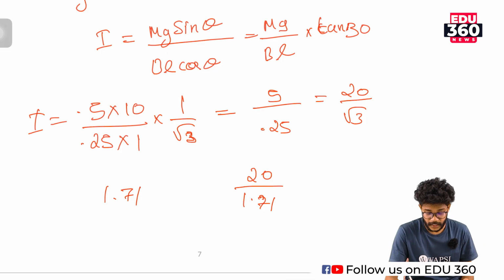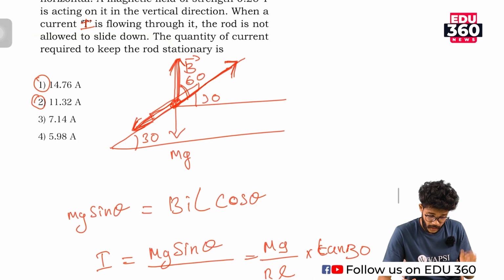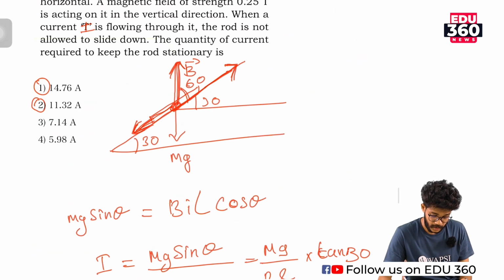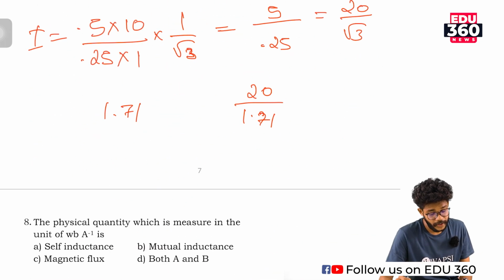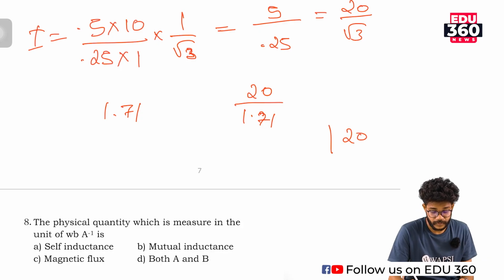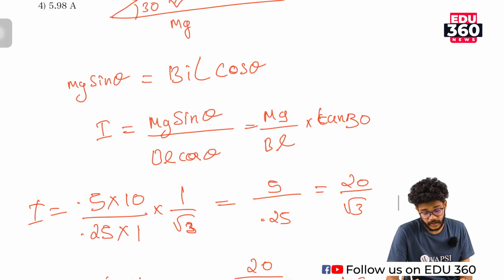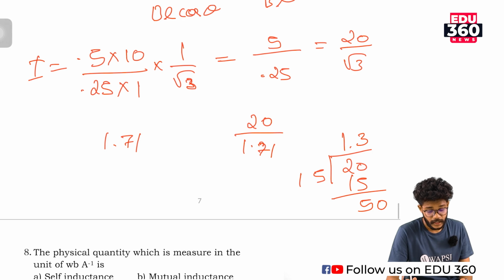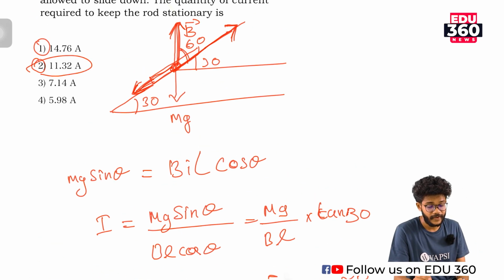It is approximately greater than 10. 20 divided by 1.7 is less than 13, so the answer is approximately 11.32.